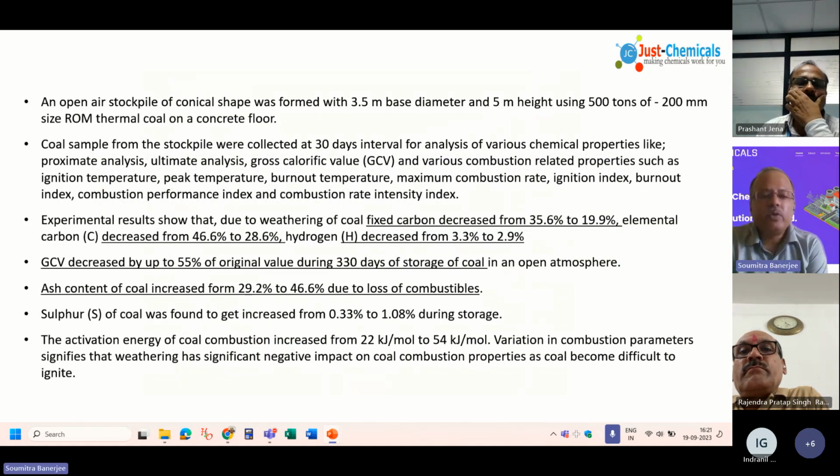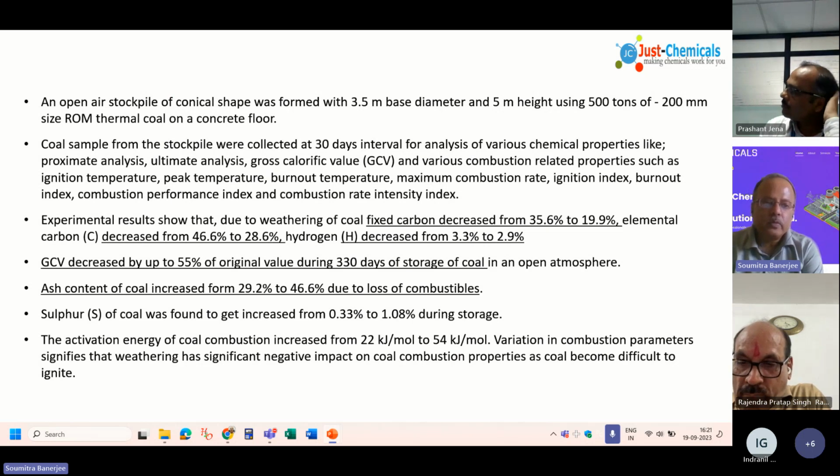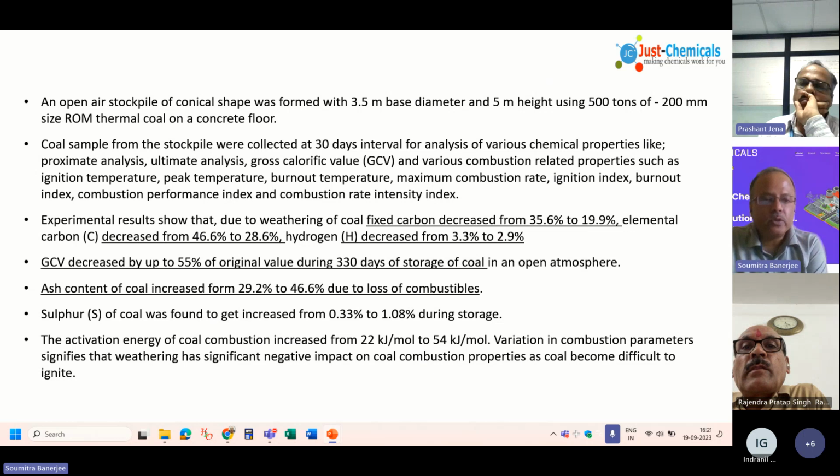Then the ash content of the coal, because you have lost carbon and hydrogen or volatile matter, increased from 29.2% to 46.6%. And sulfur as well has increased, because these two have been constant, right? In 1 kg it was 0.29 kg.